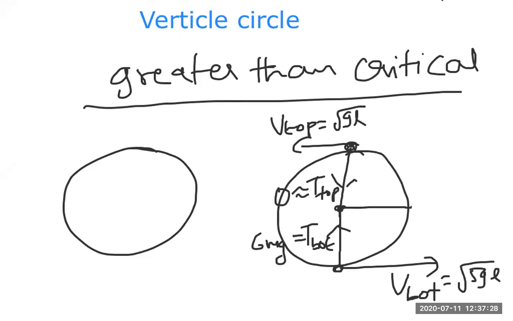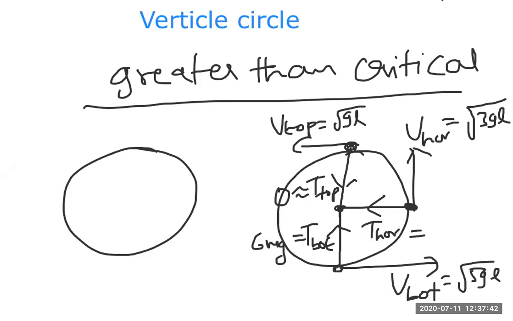Similarly for horizontal: velocity at horizontal is root 3GL, and tension in the horizontal direction is 3 mg. So this is the situation under critical.